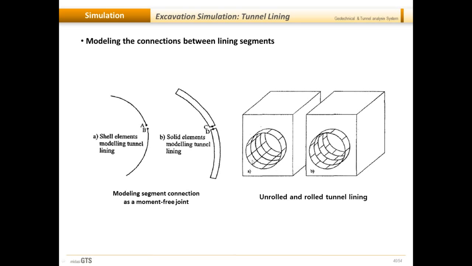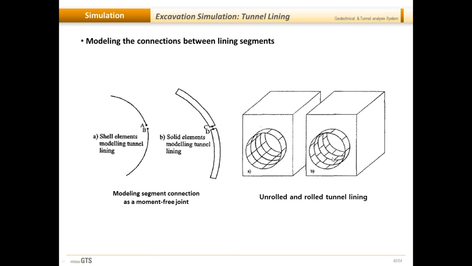Due to different options of laying out these segments, whether they are unrolled, that means that all the tunnel expansion joints or the joints are aligned, or they are not aligned and they are rolled. If they are rolled, then its behavior is different than if it is unrolled, and this clearly shows that you cannot obtain that behavior in just a 2D analysis of the lining through structural analysis.